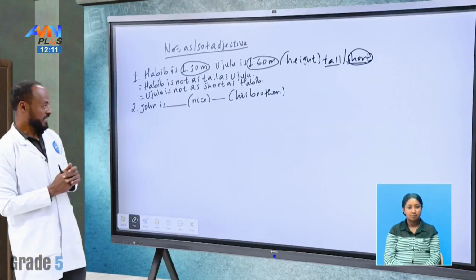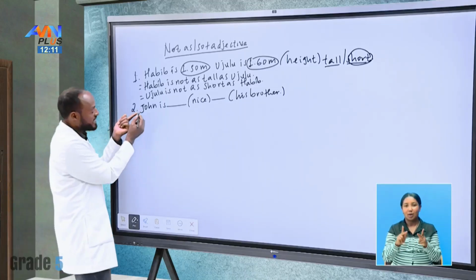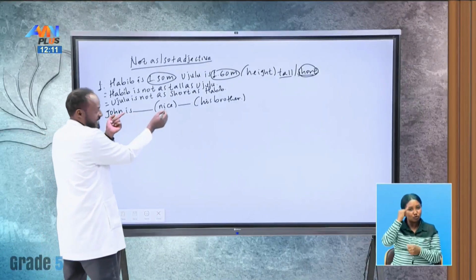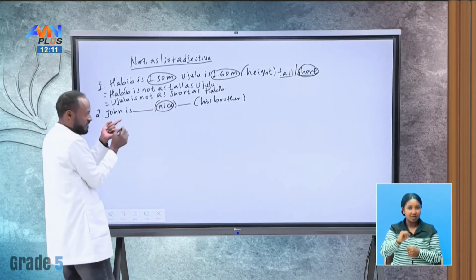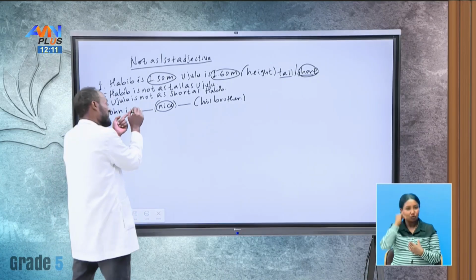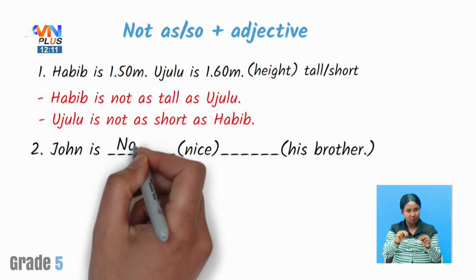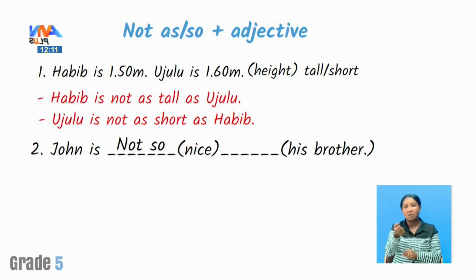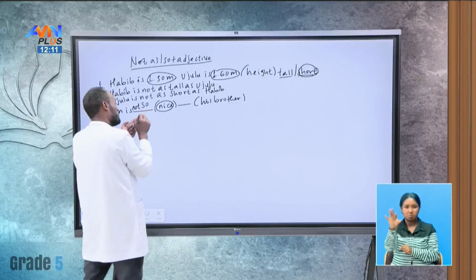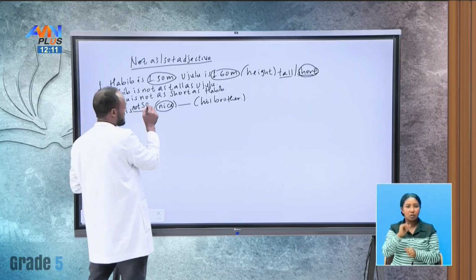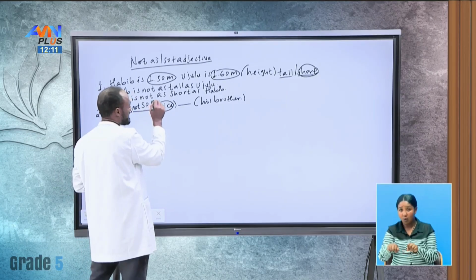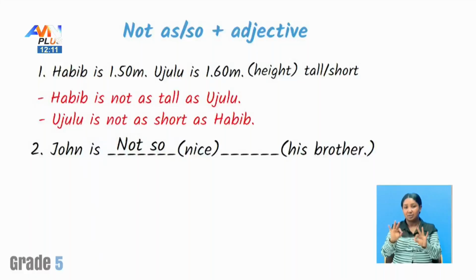Bravo. I hope you did it, huh? Nice. So we have to say here, John is, an adjective is given here. John is, then not. You can use as or so. Let's say so. John is not so nice as his brother.